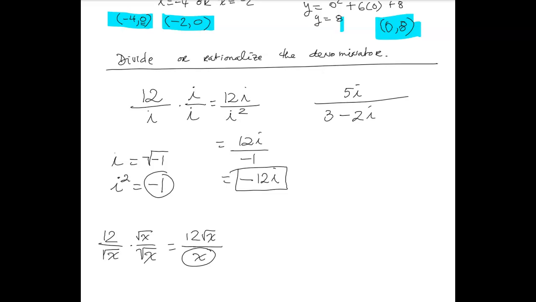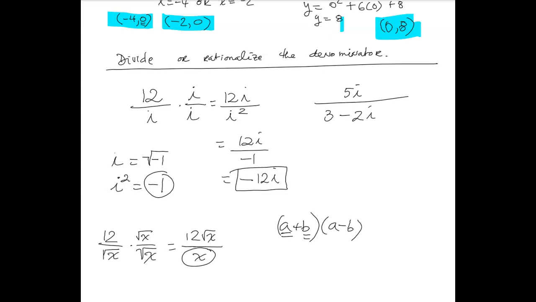Now, if you have a binomial, then you have to use the conjugates, right? So we talked about the conjugates. Basically, if I have a plus b, its conjugate is a minus b. You use the same terms, but one is a sum and the other one is a difference.